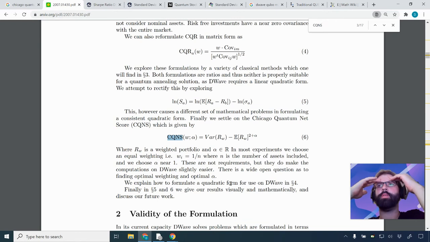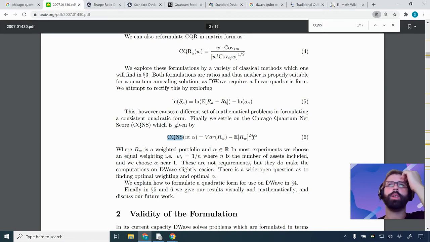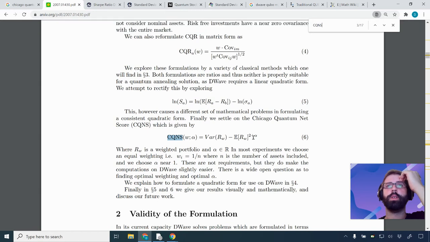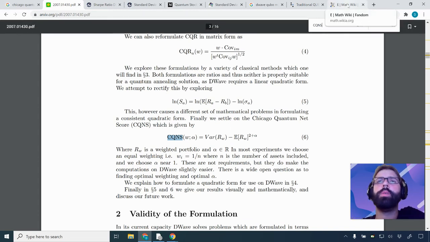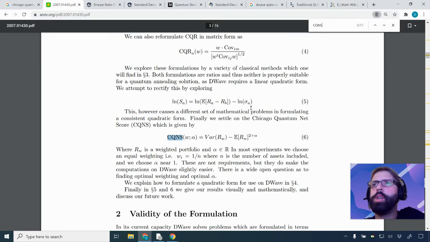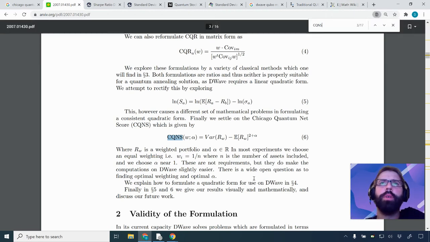Minus the expectation value, or minus the whole returns, and it's even exponential. I don't understand how they get here. How do they get to this equation? I don't know. I don't know what the E means. Probably expectation value, but the expectation value of the weighted portfolio.